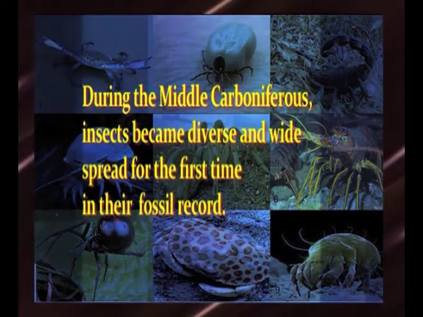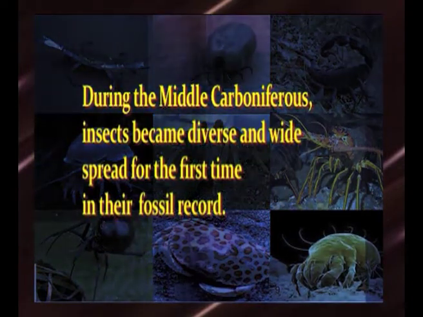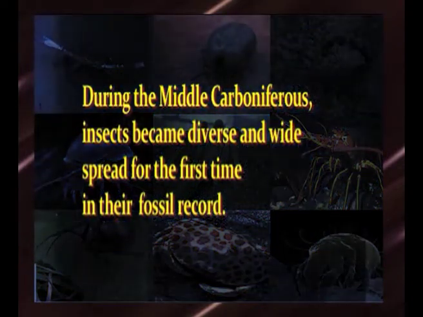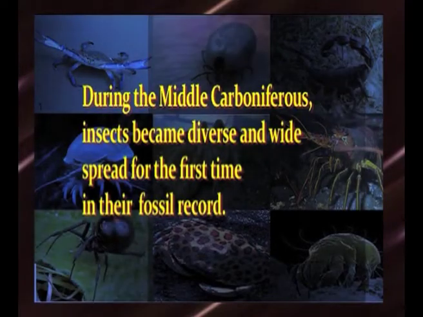During the Middle Carboniferous, insects became diverse and widespread for the first time in their fossil record. This trend continued throughout the Carboniferous and into the Permian period also, whereupon an explosion in the total diversity of fossil insects took place.